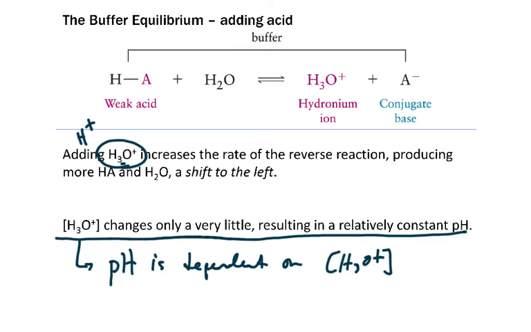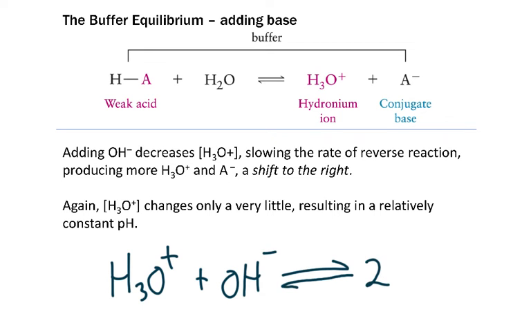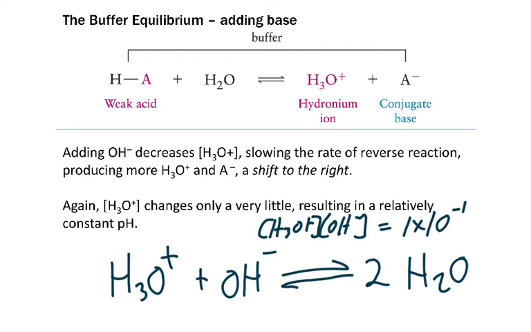So if we add a base, what happens? Well, don't forget that we also have this reaction going on at all times, the autoionization of water, and it's in equilibrium, right? So this product is equal to a constant, Kw.